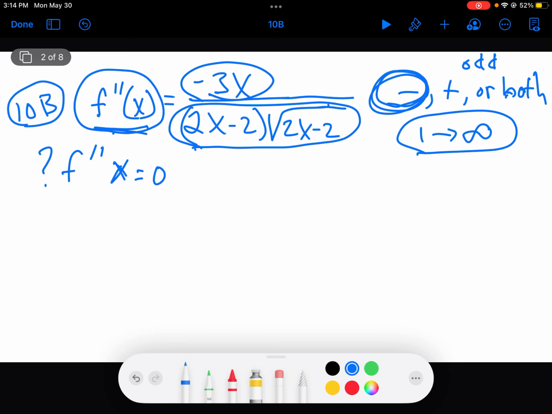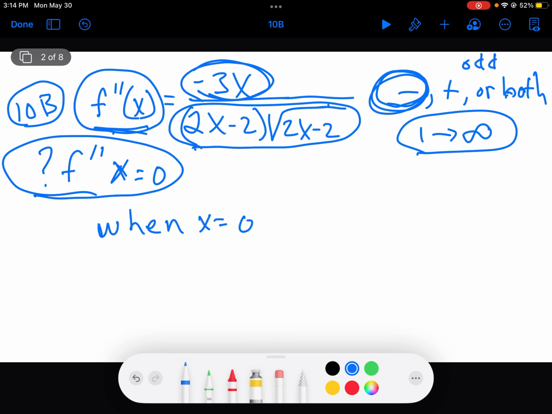That's all. But what he's doing is he's going through what you might call a rigid protocol or an algorithm, and he's saying, well, before we look at the sign specifically, let's ask the question, does f double prime ever equal 0? And so the quick and dirty way is just look at the numerator, and he says, aha, f double prime will equal 0 when x equals 0.